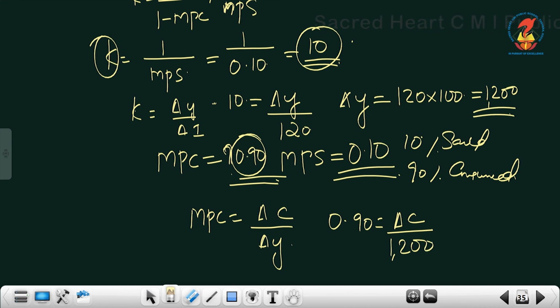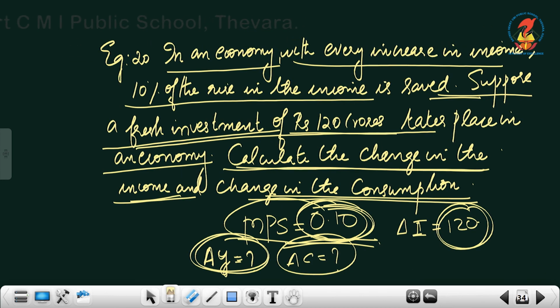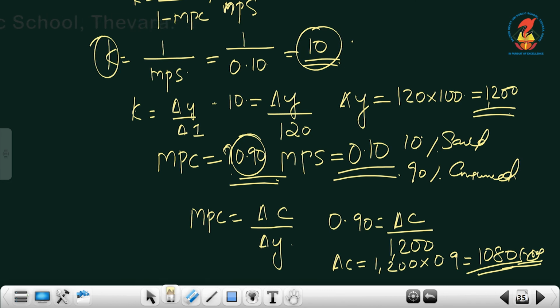So delta C is equal to 1200 into 0.9, that is equal to 1080 crores. So you found the value of delta Y as well as delta C. Delta Y is equal to 1200 crores and delta C is equal to 1080 crores.